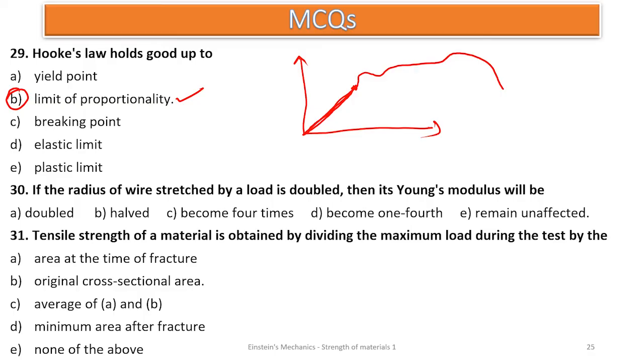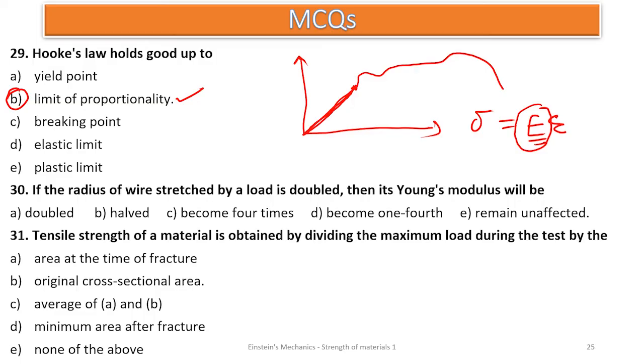So we have number 30. If the radius of a wire stretched by a load is doubled, then Young modulus, which is the E, remember we have stress is equal to E and what? Strain. So this E, if the radius of a wire stretched by a load is doubled, the E will, and the answer is the E will not be affected because this E does not depend on the diameter of the wire.